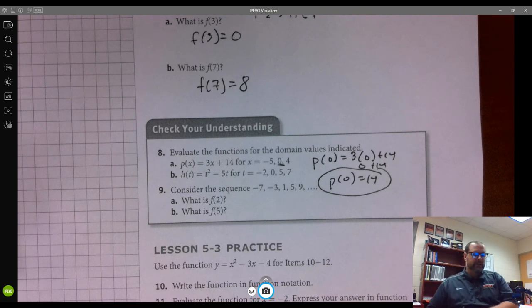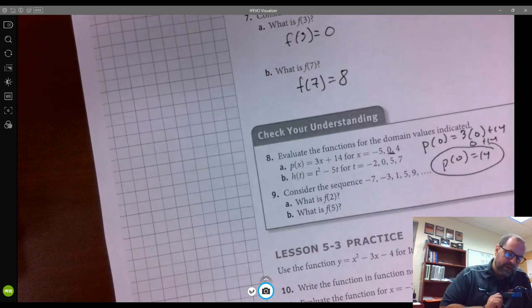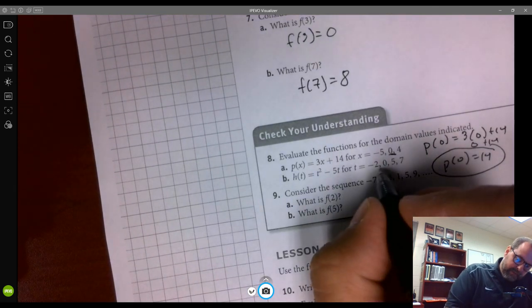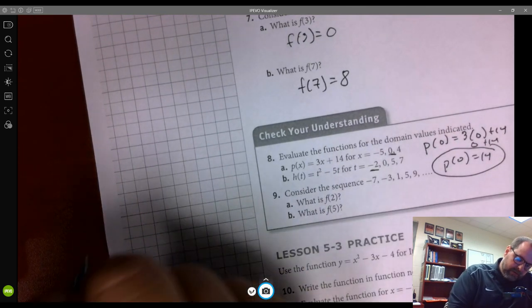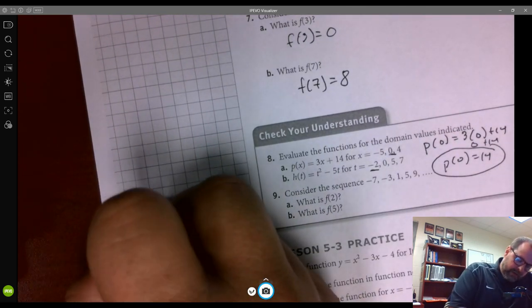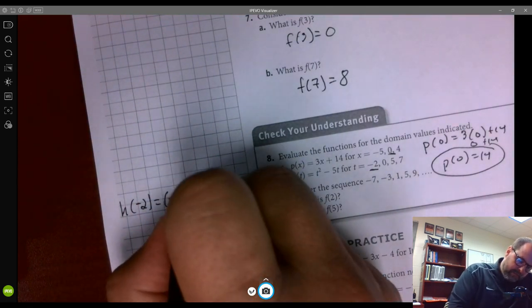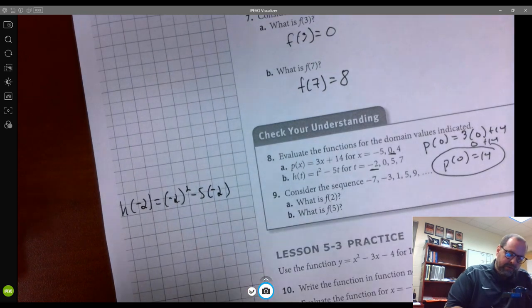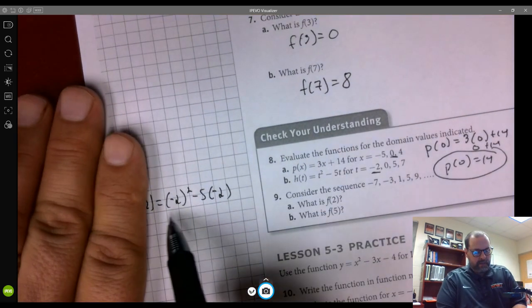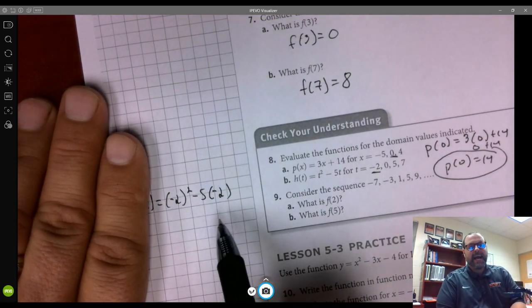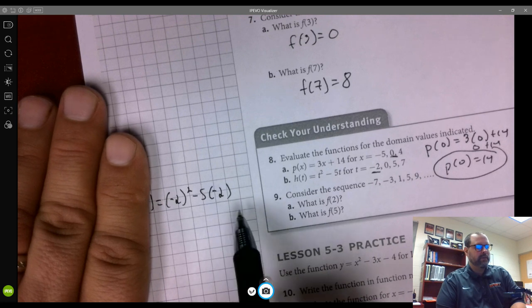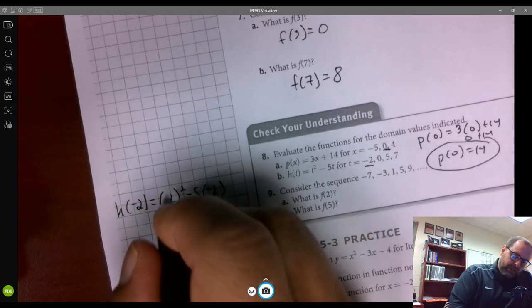And if you're plugging in with squared, let's look at B. I'll write it over here in the note side. Let's do negative 2. So h of negative 2 equals negative 2 squared minus 5 times negative 2. Now, you can type that part into your calculator exactly as is. Parentheses are important there. Or we could just do the math.